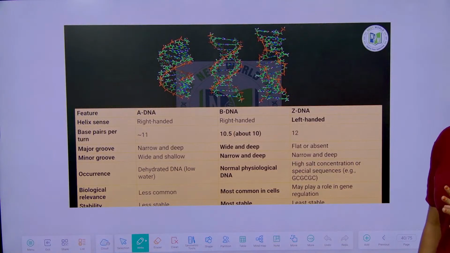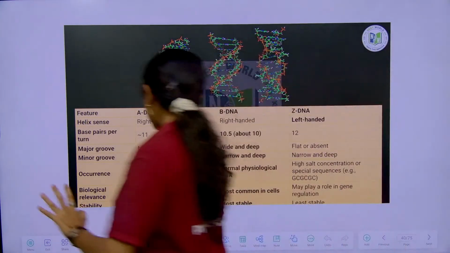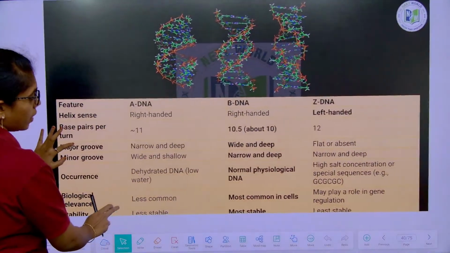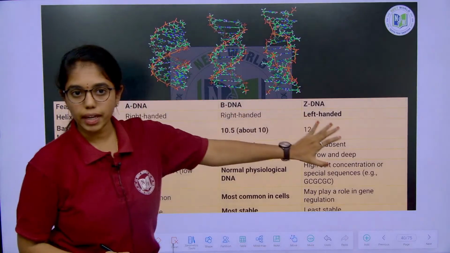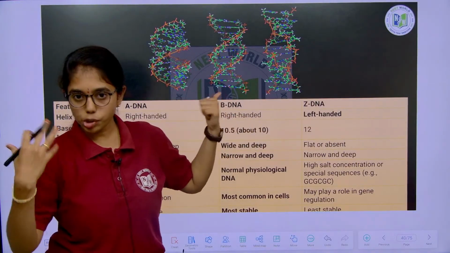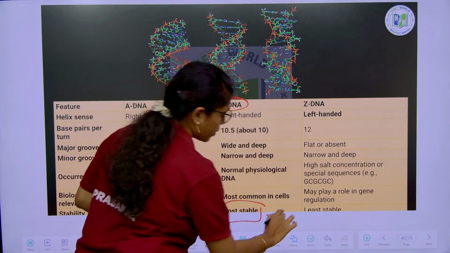Now, with this the salient features of DNA is done. These are different forms of DNA you have to remember. Complete table not required. In this what you have to learn I will tell you. But listen carefully. First point, amongst these three types of DNA, the more stable DNA which is present in the living organism is B form. Remembered?